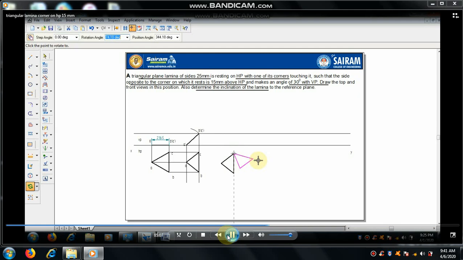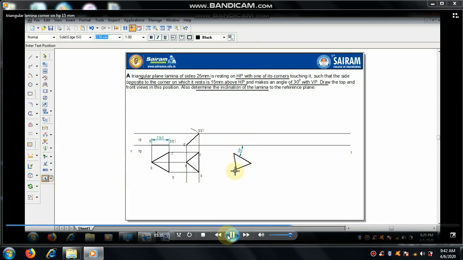This is the edge. Rotate for an angle of minus 30°, since it is below the reference line. So we give it like that, and now remove this old one. You can check the angle of it with the reference line, that is 30°.